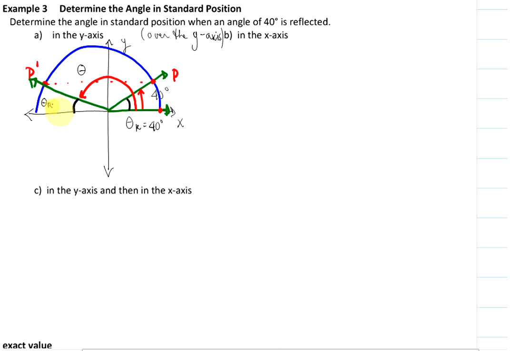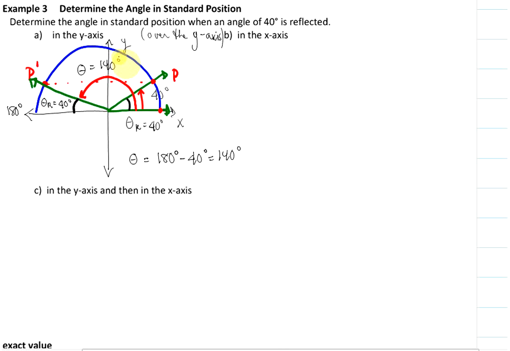Alright, so we want to figure out what theta is. We know that between the x-axis and the terminal arm here in the second quadrant it's 40 degrees. We know that a full semicircle is 180 degrees. So if I want to work out what theta is, I would go 180 minus 40, and I would get 140 degrees. Okay, so theta then is 140 degrees.